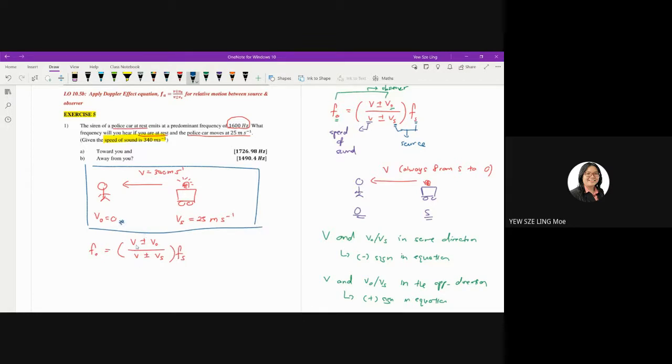So I can simplify the equation by removing Vo because it is equal to 0. Therefore, I'm left with Fo equals V over (V plus or minus Vs) times Fs. Given Fs is equal to 1600, V is 340, and Vs is 25, we can then determine Fo.